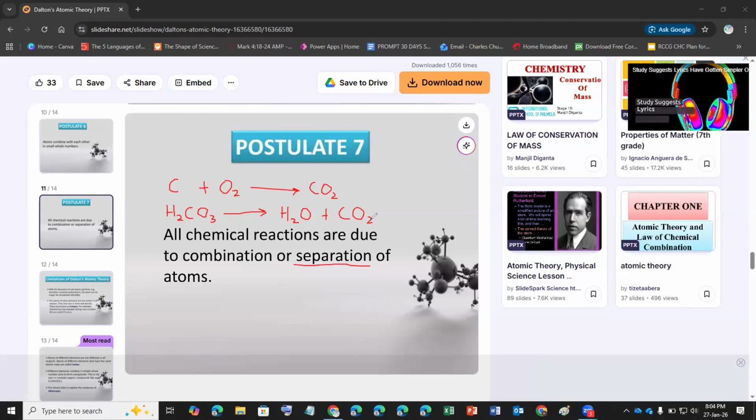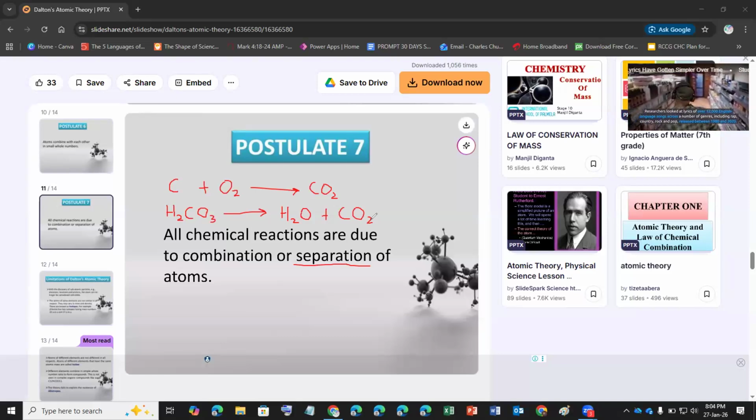It's not as if all the atoms separated entirely and are now standing on their own. No, but there is a breaking of the bonds between some of the atoms that led to them separating into two compounds, water and carbon dioxide. So do you understand what he was trying to say by separation of atoms? I think so.